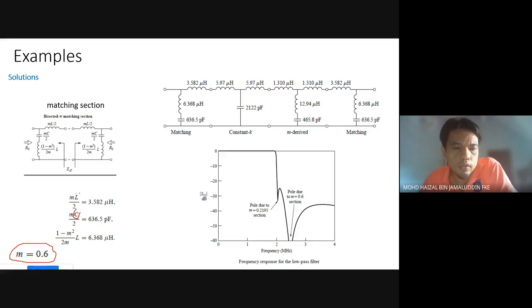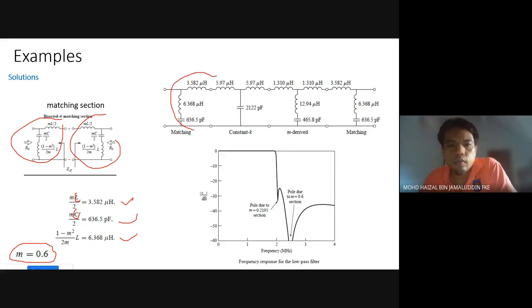So you just calculate this, and calculate this, and you put the value in the input section and output section. And now you already know all the four stages. The matching part for the input and output is similar.